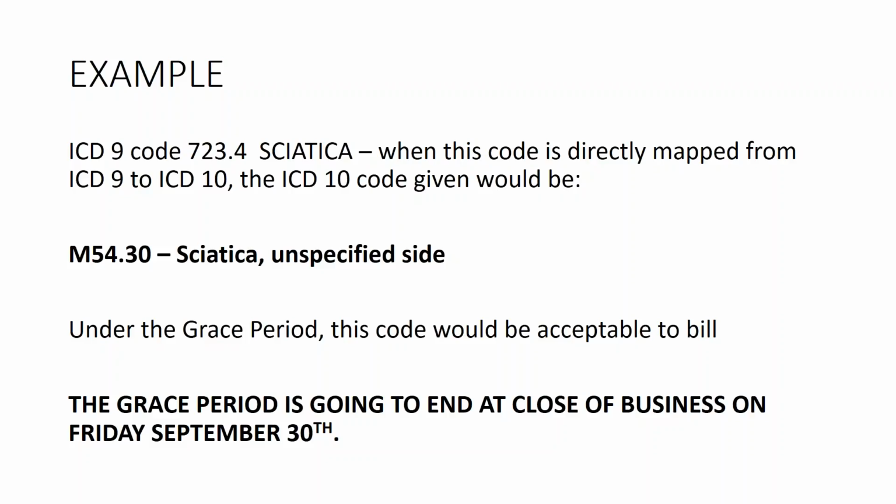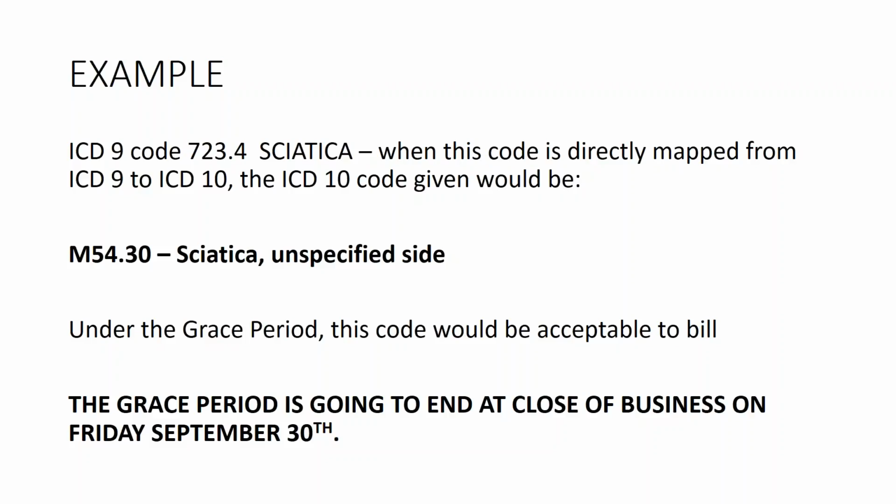If you're currently coding using this code to send out your claims for patients with sciatica, these claims will get rejected, and if not rejected, if it is still considered a billable code, they will be subject to audit and delays in processing, as you'll have a tremendous increase in requests for doctor's notes and so on and so forth.